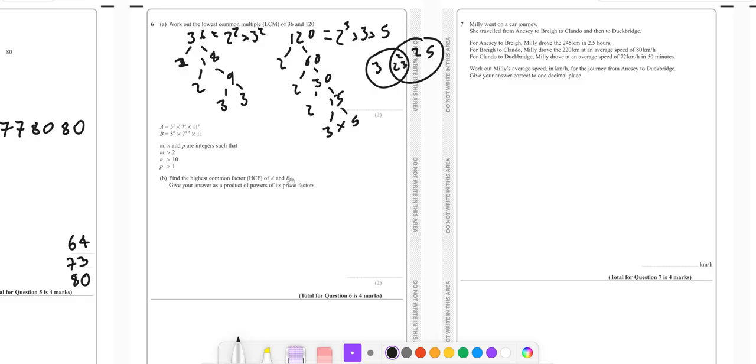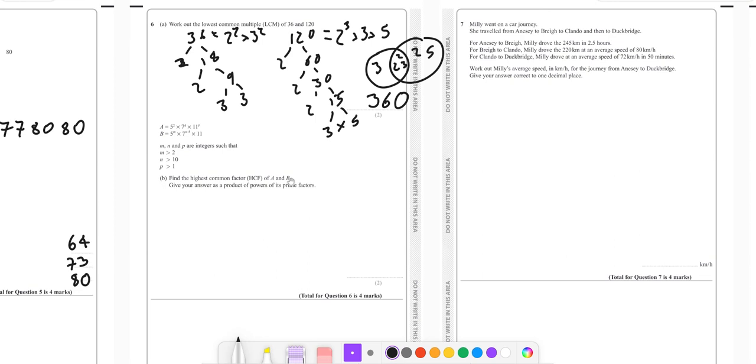So if I multiply those together, that is going to give me 360. And that's the lowest that is a multiple of both.